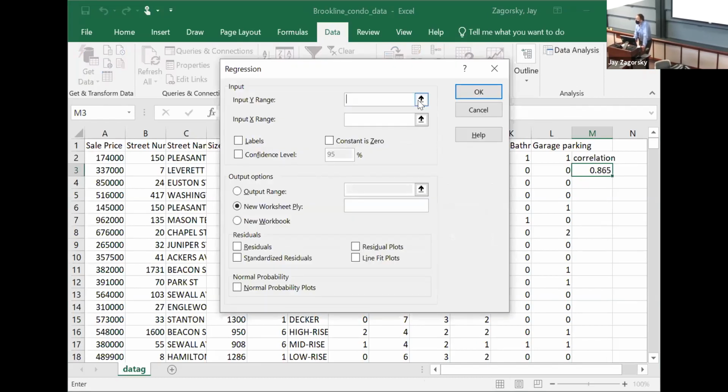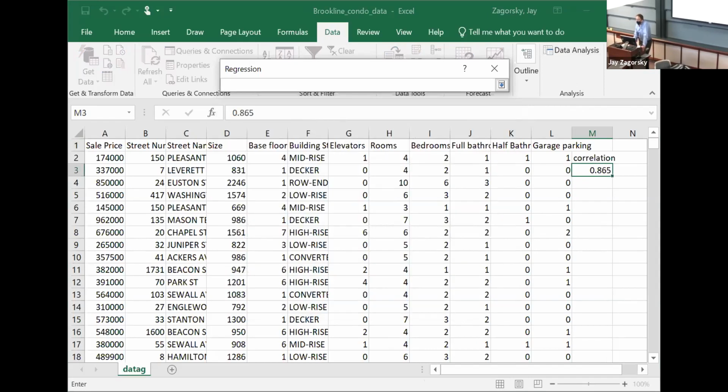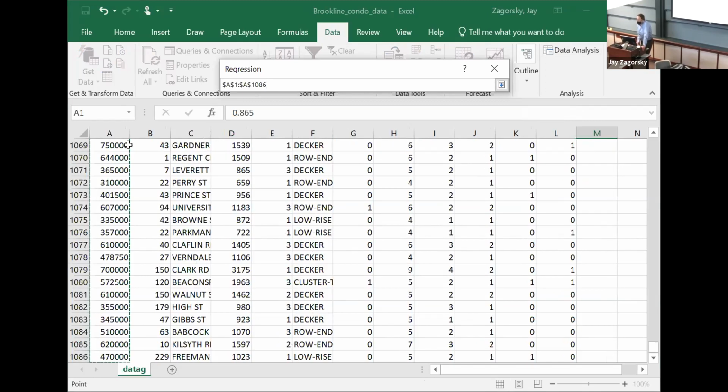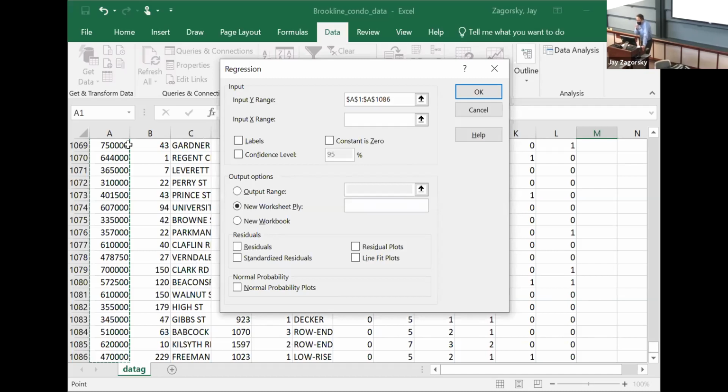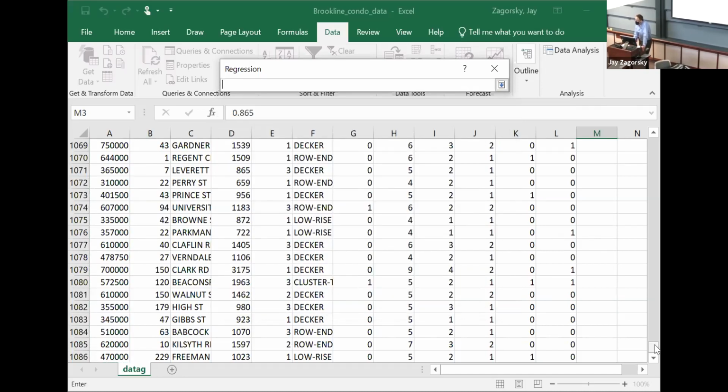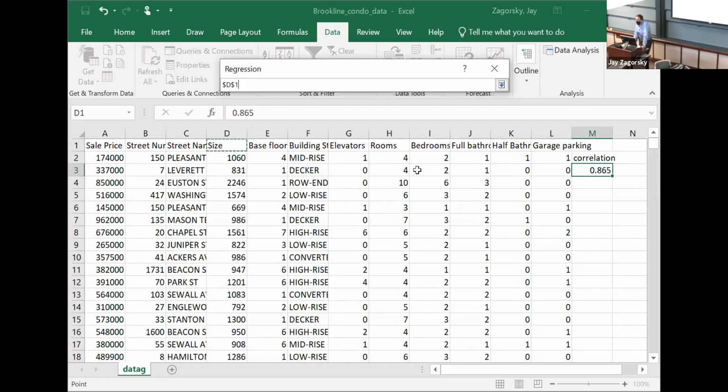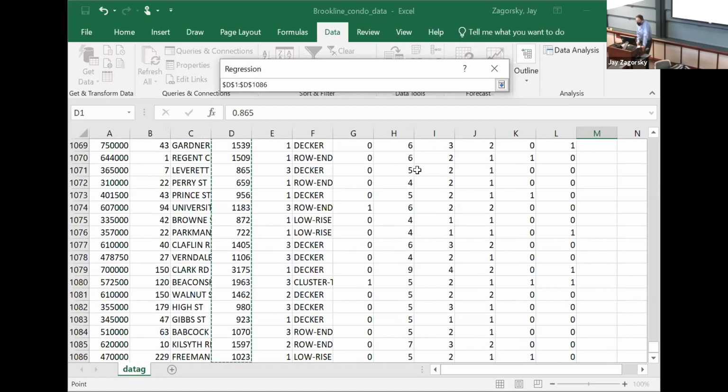Y is the left-hand side or dependent variable. Y range is going to be sale price, so it's going to be A1 down to A1086. The X range, the independent variable, is going to be size, and that's going to be D1 down to D1086.